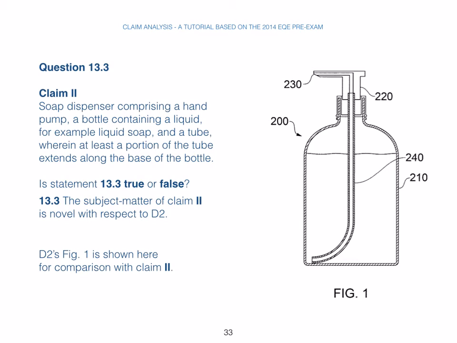The end portion of the tube 240 touches the base of the bottle as is shown in the figure, but does it extend along the base of the bottle? Is the claim novel, true, or is the claim not novel, false? Make your answer, and we'll go to the next question.